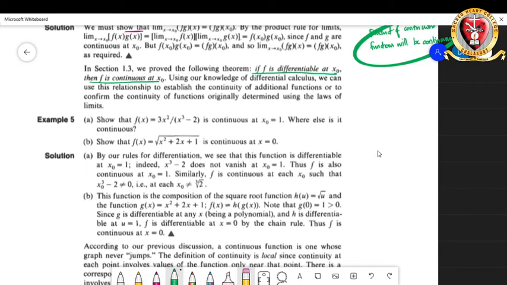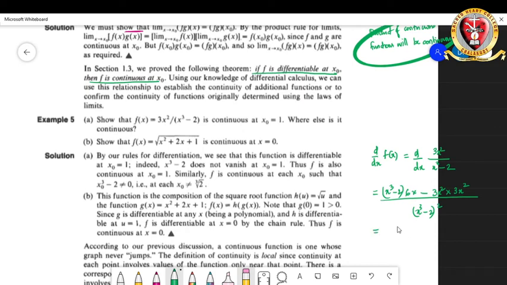You can find d by dx of f of x. So d by dx of f of x is equal to d by dx of 3x squared by x cubed minus 2. You can use the quotient rule which we had seen in section 1.5. So here you get x cubed minus 2 into d by dx of 3x squared, which is 6x, minus 3x squared into d by dx of x cubed minus 2, which is 3x squared, the whole divided by x cubed minus 2 the whole square.